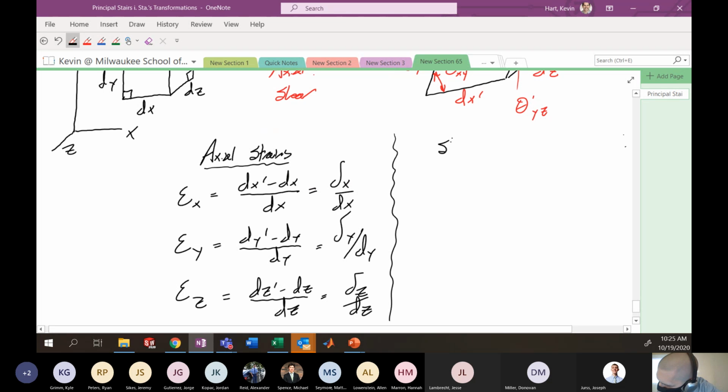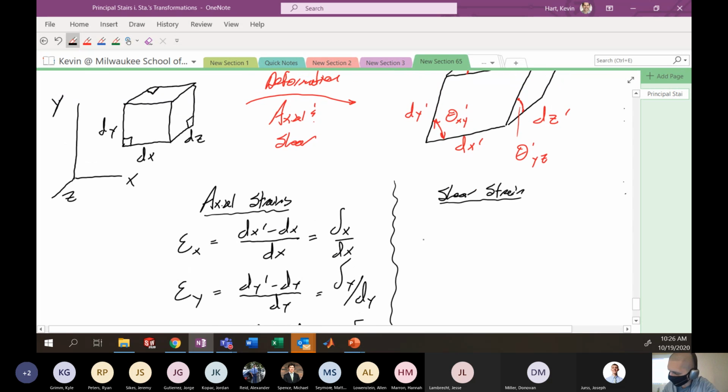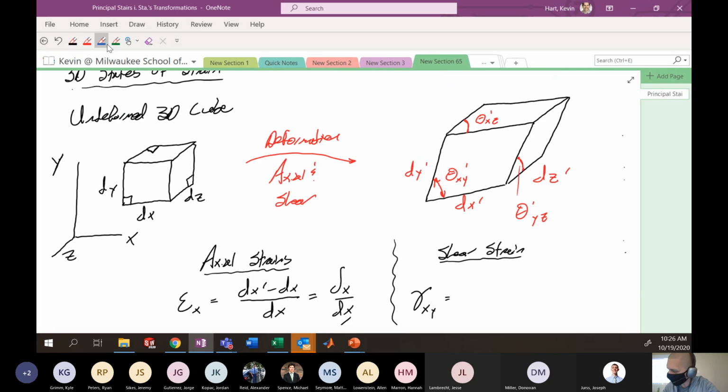Our shear strain. I'll sort of beat to death kind of the shear strain XY because I think that's kind of the most easily visible. But remember, if we wanted to find, let's say, shear strain XY, it's a combination of this angle here plus this angle here.